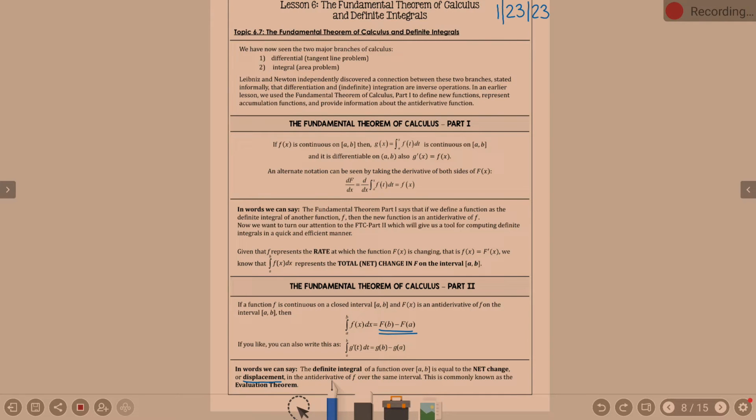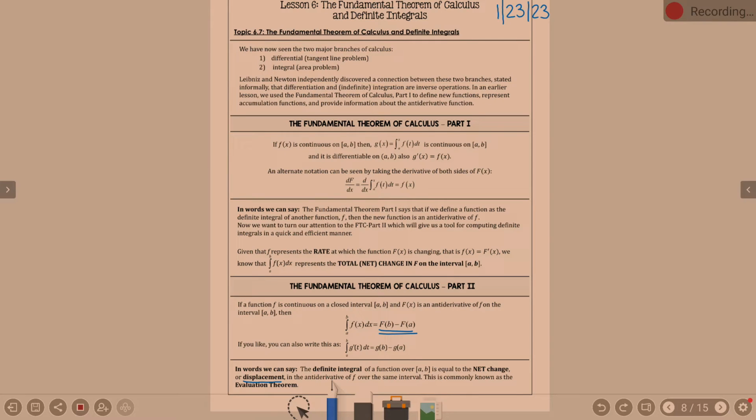Now, I'll be honest, I can't say before this I've heard the words evaluation theorem. I must not have sat in the right calc workshop to hear that one, or maybe I have and I've just ignored it. But I like to throw the words out there, in case you do hear them.